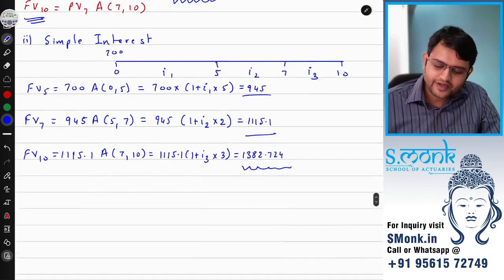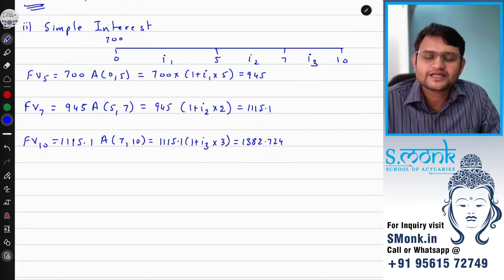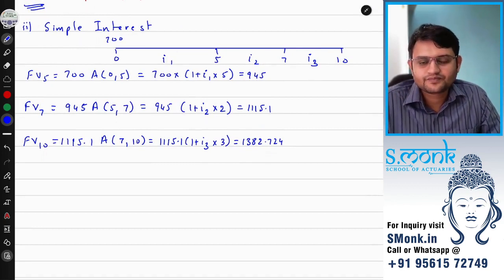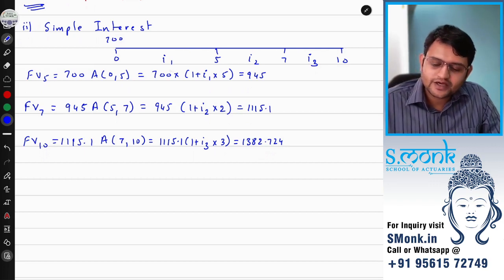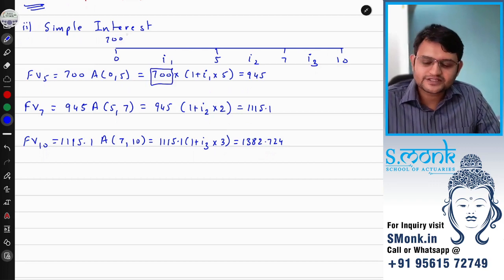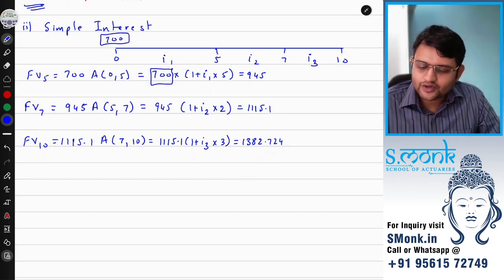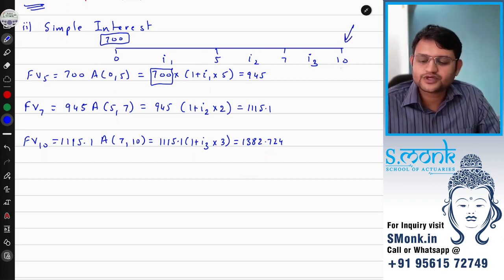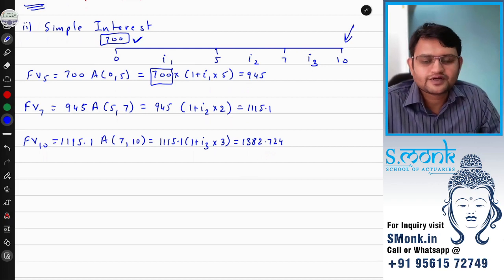Now in the same way, even for simple interest, it works exactly the same. Usually when we say simple interest, we say that the interest is given on the principal amount. The principal invested here is 700. So you would think that for the complete 10 years we should get interest only on the principal amount, that is 700. But that is not going to be the case.